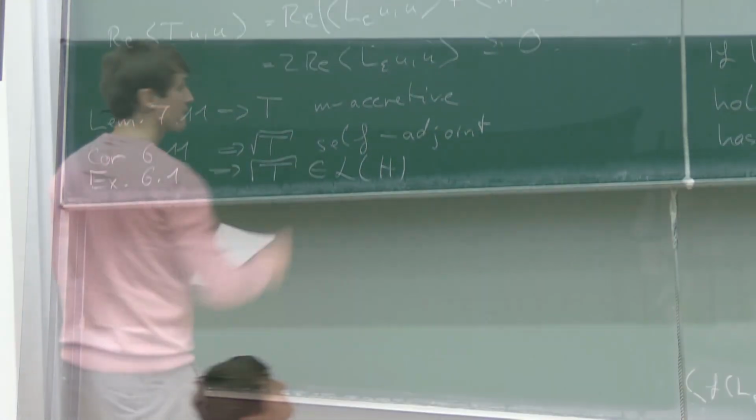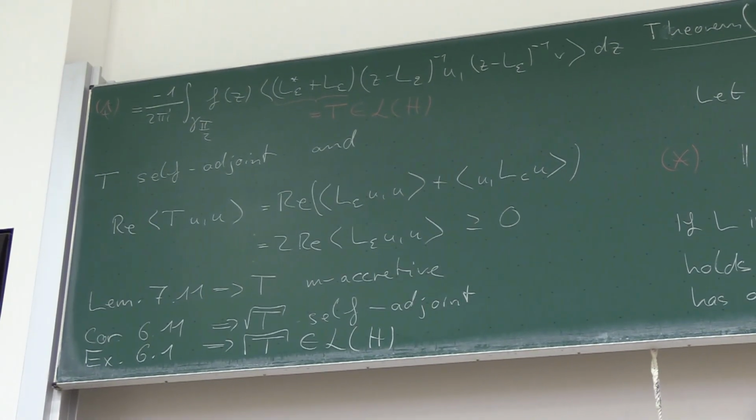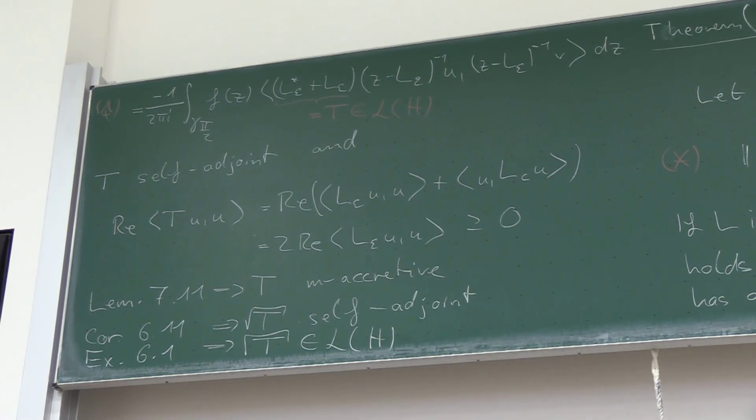Okay. So we now use our equation star, which is up there in the left upper corner and in the right lower corner. It starts in the right lower corner and ends in the left upper corner.